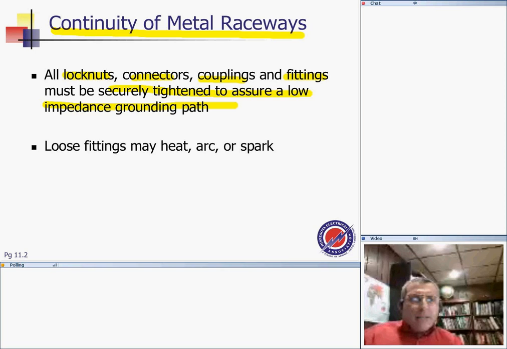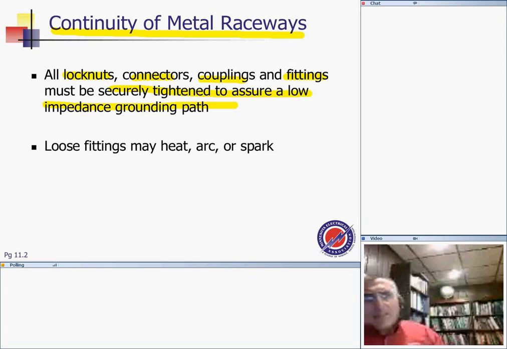If you have a lock nut or a connector that's loose on a 4,000 amp switchgear and you have a short circuit, and the short circuit goes through that loose connection, for example, the impedance back to ground will be so high. Who cares, Chad? Well, who cares is your circuit breaker is supposed to trip within 3 cycles. It might take 6 cycles. Still, who cares? What matters is half of the switchgear will be burned before the circuit breaker wakes up.